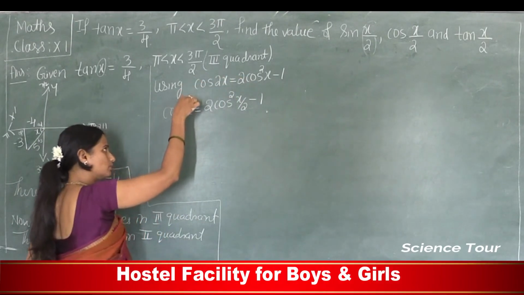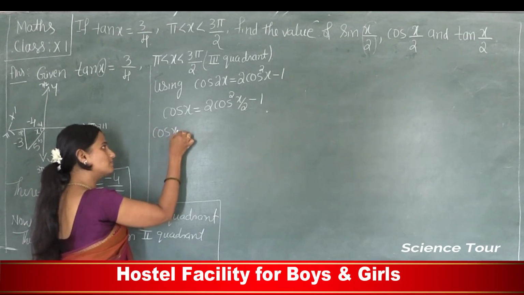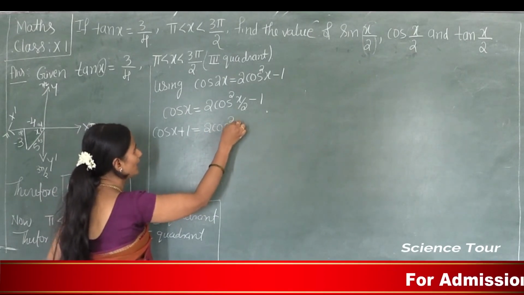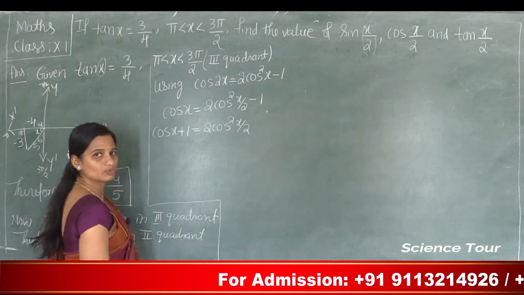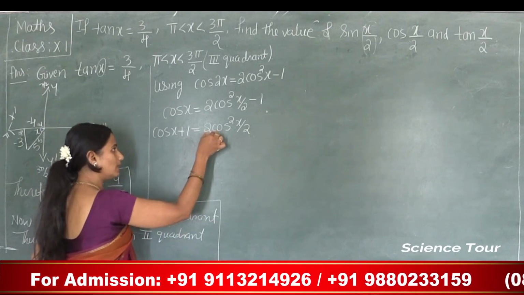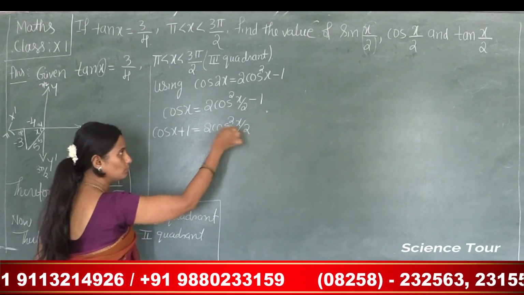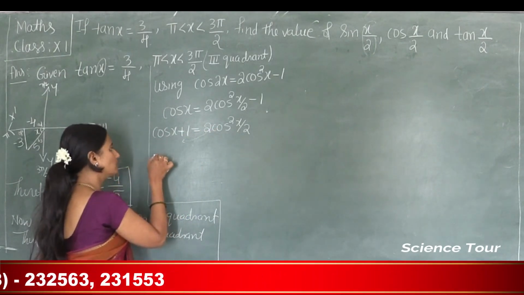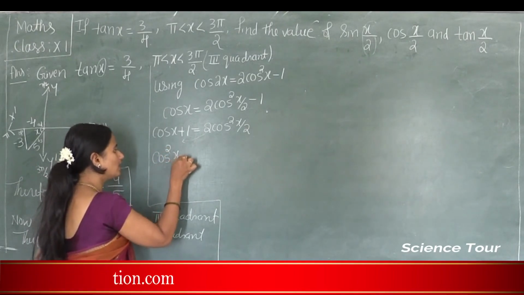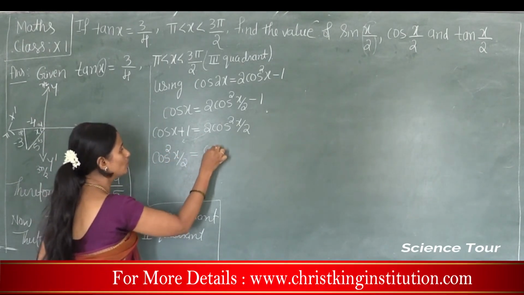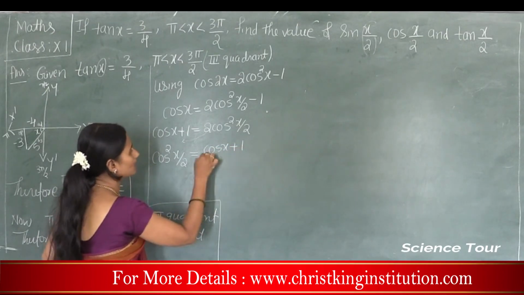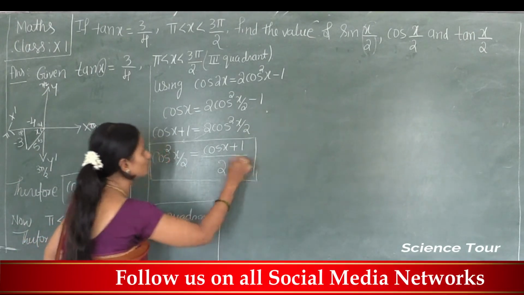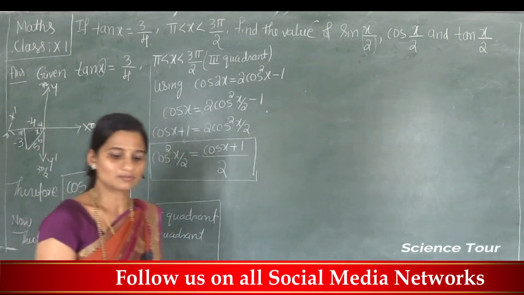Bring this minus 1 to this side. It is cos x plus 1, which is equal to 2 cos square x by 2. So I need cos square x by 2. This 2, bring it to this side, then it is divided. So I will write here, cos square x by 2 is equal to cos x plus 1 divided by 2. So this is the cos square x by 2 formula.